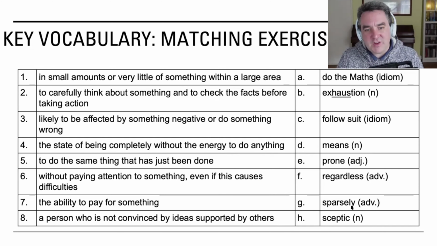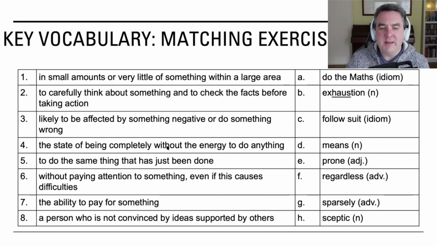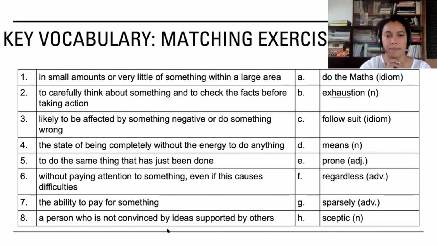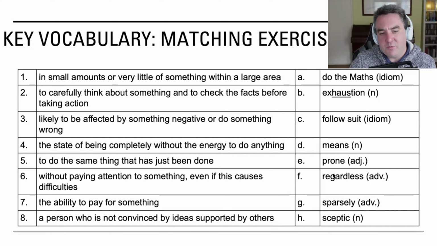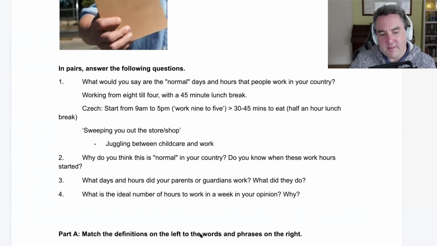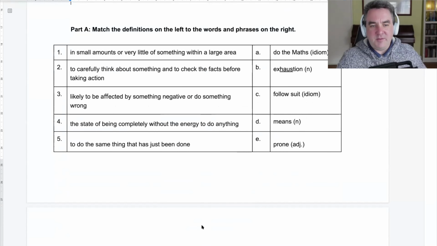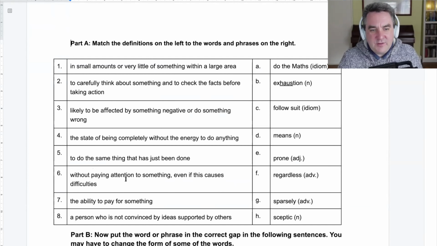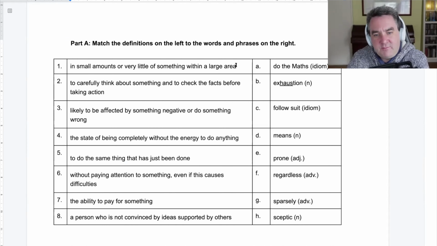Try and match on the Google Drive the phrases on the right to the meanings on the left. So, for example, we'll do the first one together. So let me just put it onto one page. Okay, so we've got here: in small amounts or very little of something within a large area.